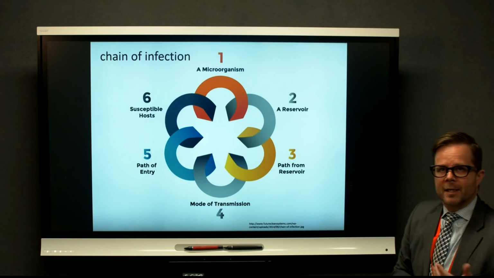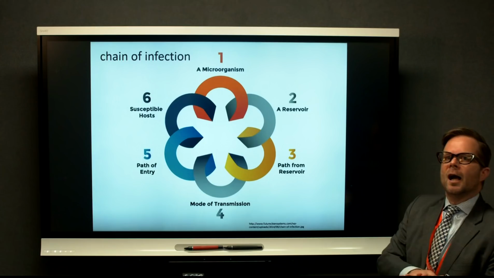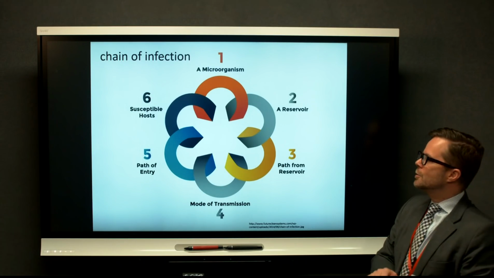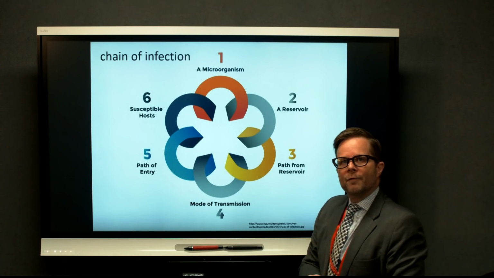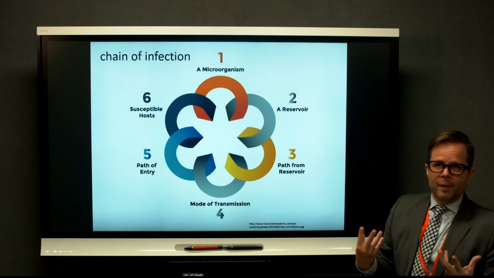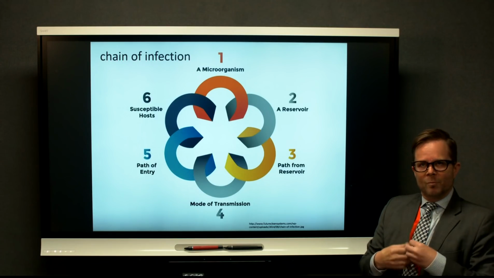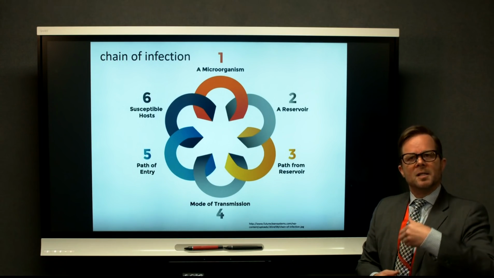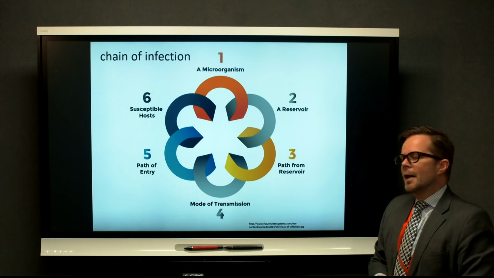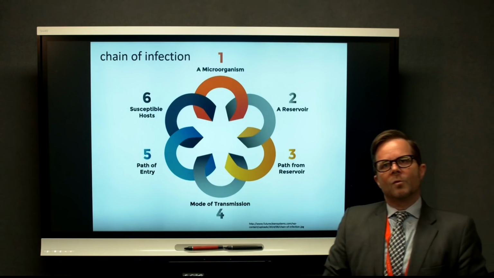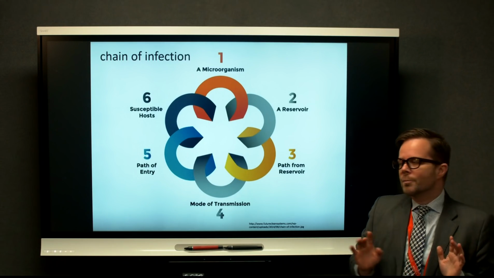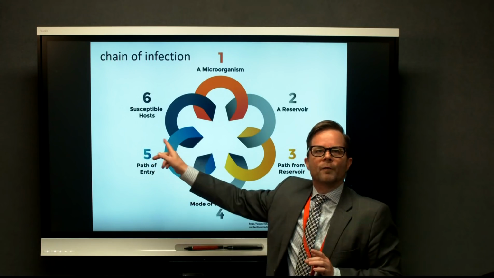We've talked about cuts or wounds. That can be a portal of entry or a pathway of entry for an infectious agent. We can breathe them in, so if someone coughs in the tram, then we can breathe those microorganisms, so that's the path of entry.